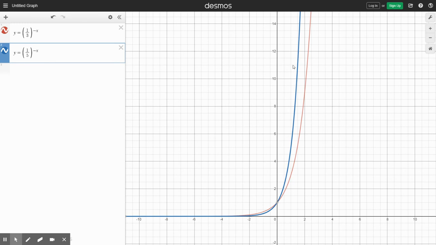So perhaps our observation was not completely right. And that's one observation that I want to make. That not because you have a negative exponent, that indicates that you're going to have a decreasing function. But why is it that when we have a negative exponent, sometimes it is increasing and sometimes it is decreasing?